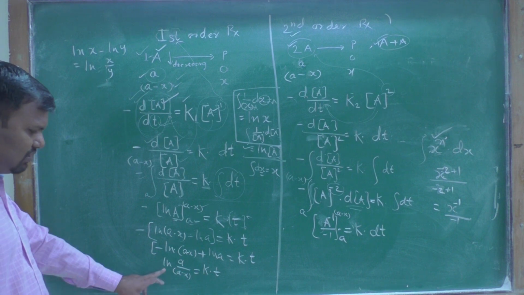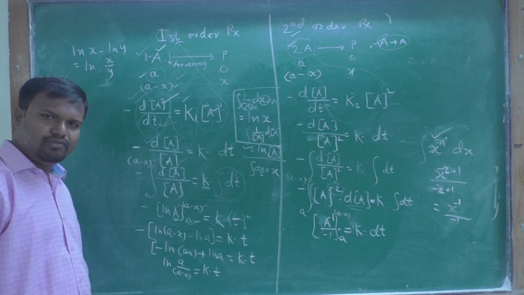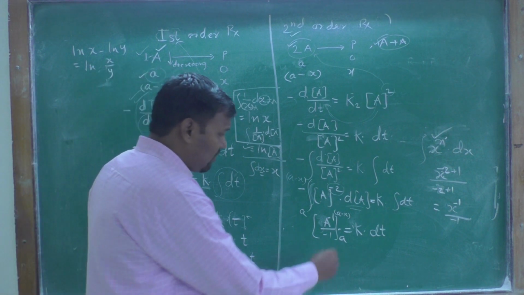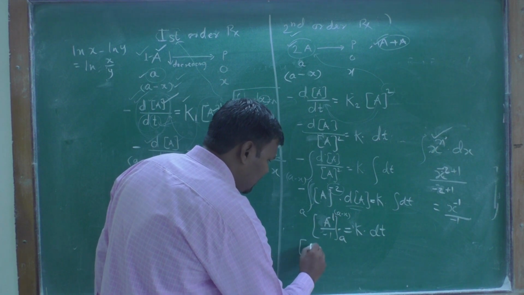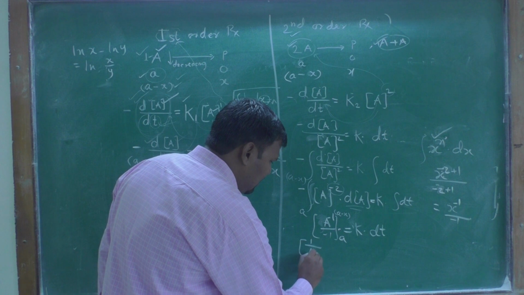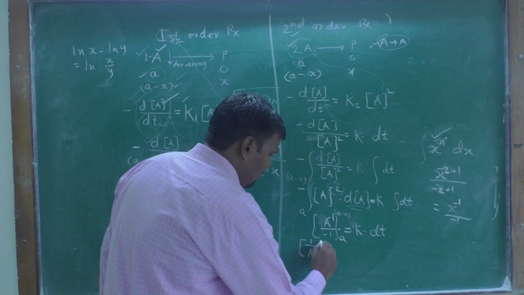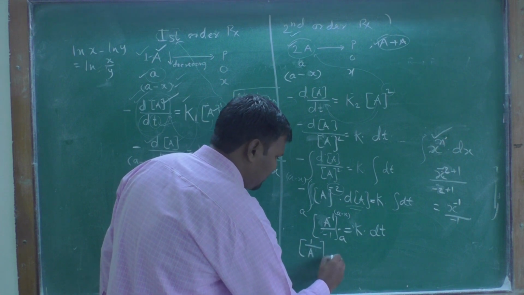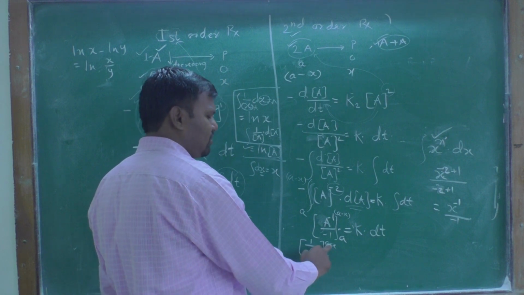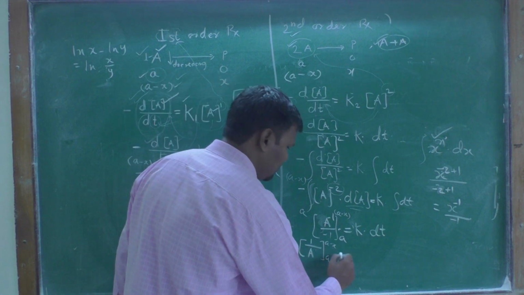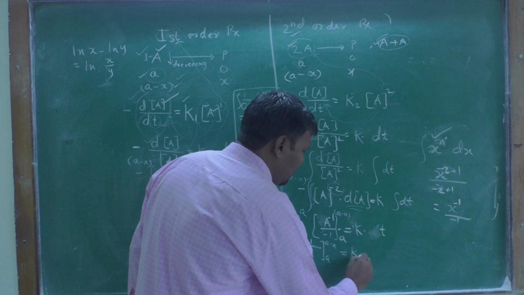We have up to this, okay, 90% work is over. After that we will do something on this. For this, that minus will go to the denominator. What happens? 1 upon a, the minus 1 becomes positive, and it is a minus x, that is its initial concentration, and the limit of initial concentration a minus x is equal to k into t.